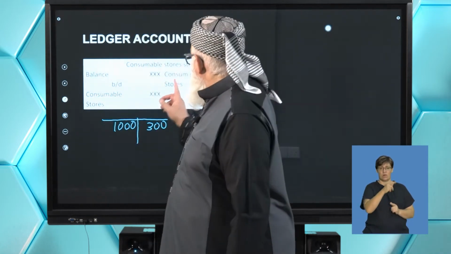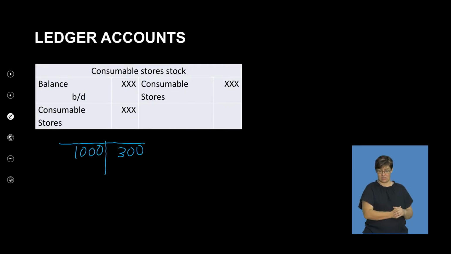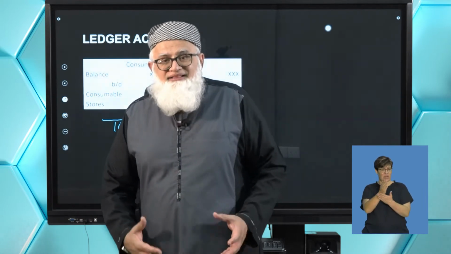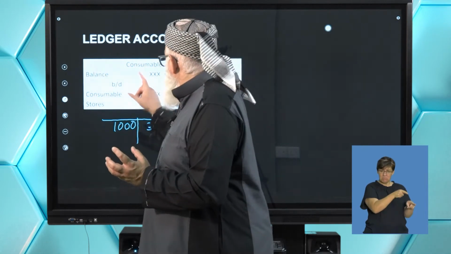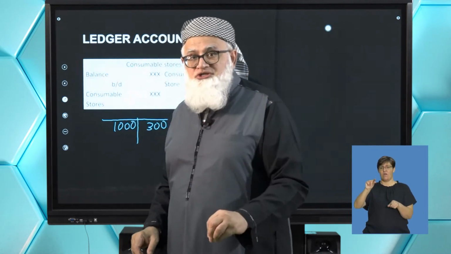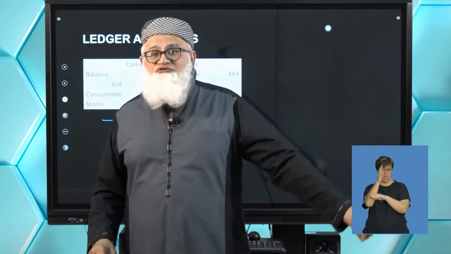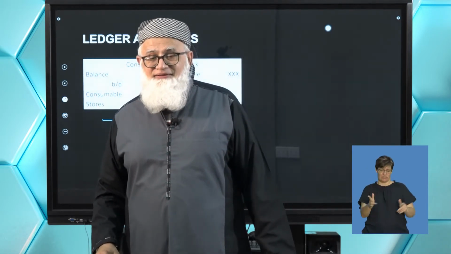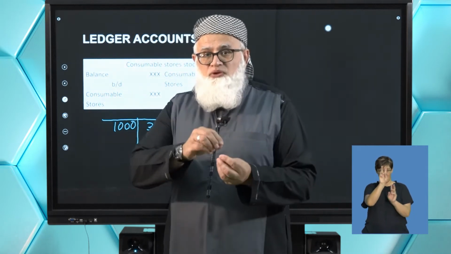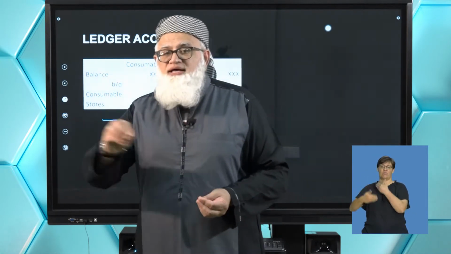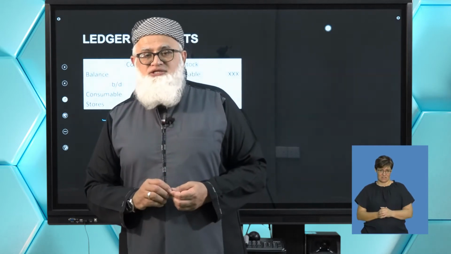Now, this consumable stores stock account, if you had used it only in the factory, that means the indirect materials were only used in the factory, then that entire amount that you calculate in the consumable stores account would be apportioned to your factory overheads. Clear? And once it's in your factory overheads, you will see it will then move into your work in process account.